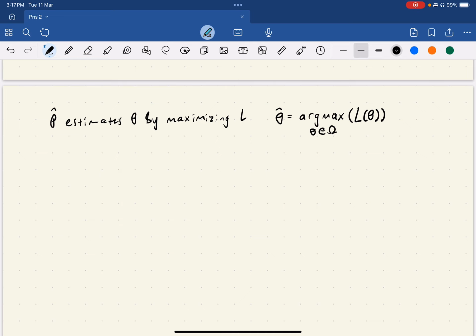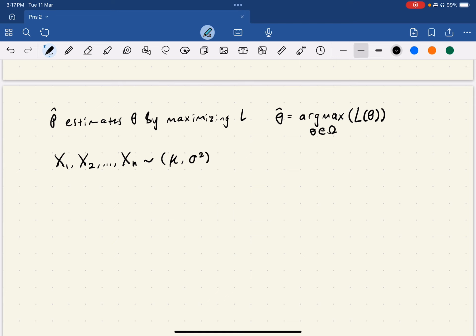Let's say you have a sample, and this sample follows some distribution with mean mu and variance sigma squared.